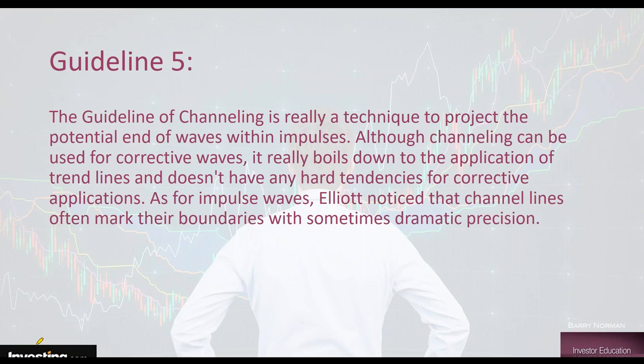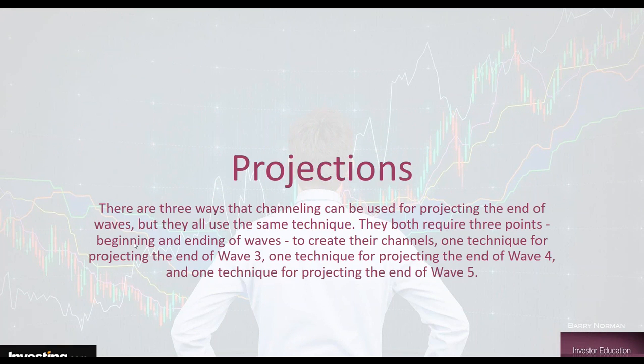As for impulse waves, Elliott noticed that channel lines often mark the boundaries with sometimes dramatic precision. In other words, when the waves are moving in these channels, they will have dramatic accuracy. It will be amazing how often these predicted numbers occur.